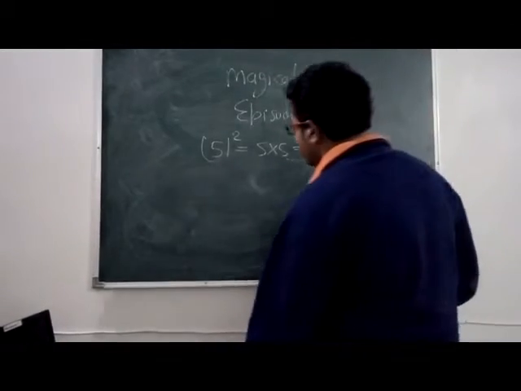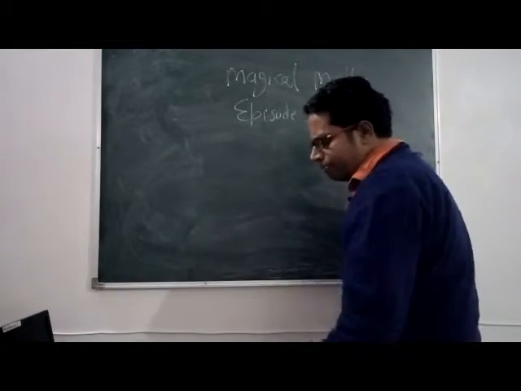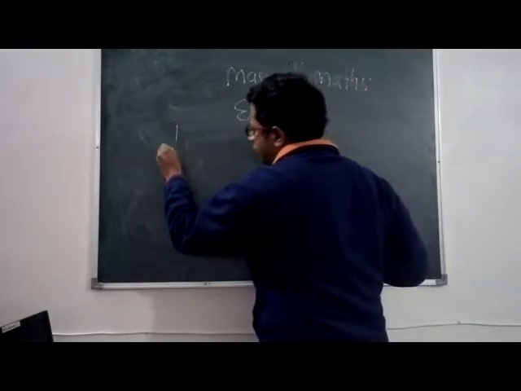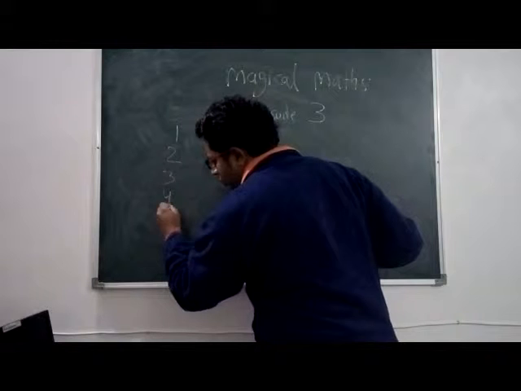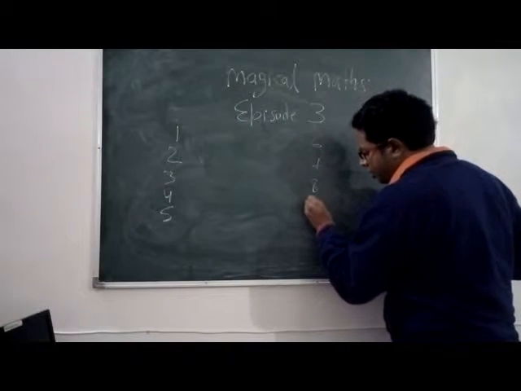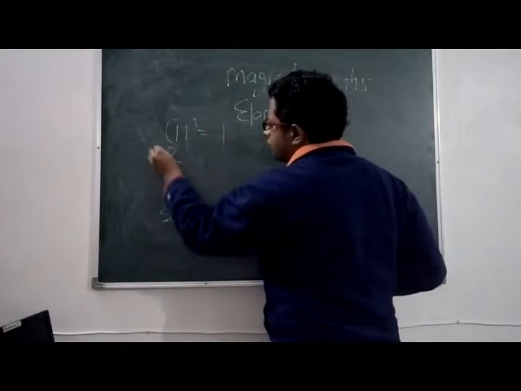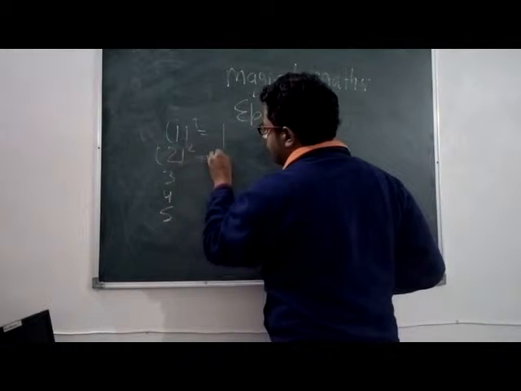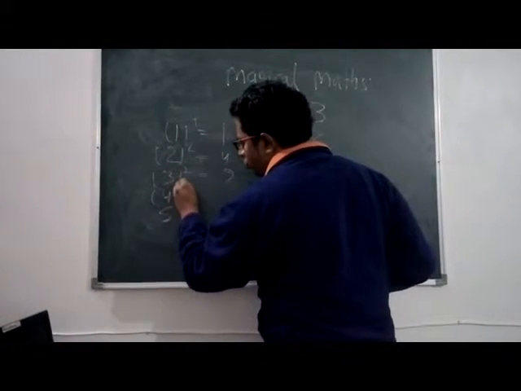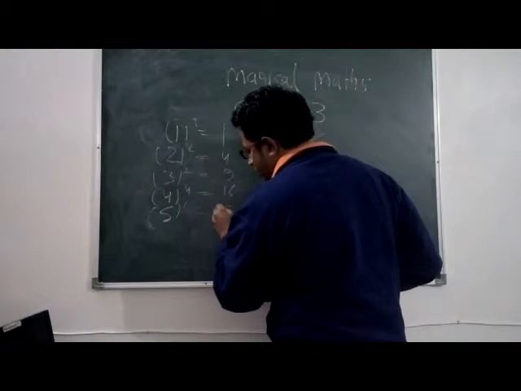So starting with the square, first of all, you need to remember the squares of the numbers up to 10, right? So I will put here 1, 2, 3, 4, 5, then 6, 7, 8, 9, and 10. The square of 1 is 1, the square of 2 is 4, the square of 3 is 9, the square of 4 is 16, the square of 5 is 25, right?